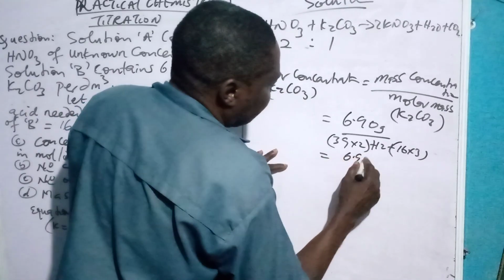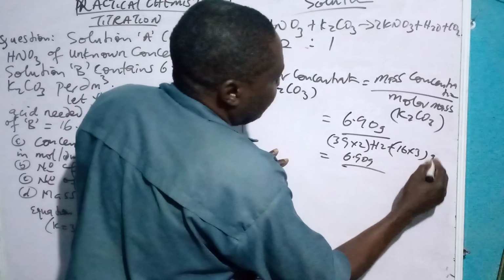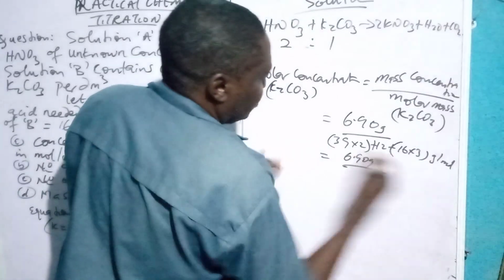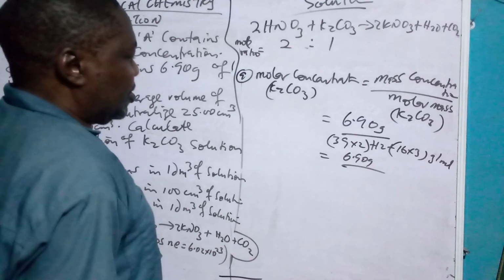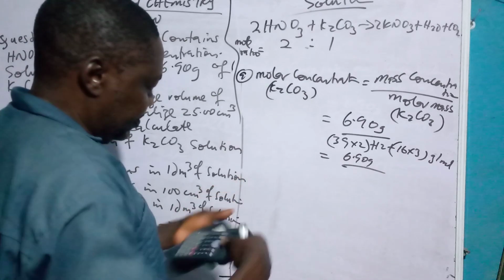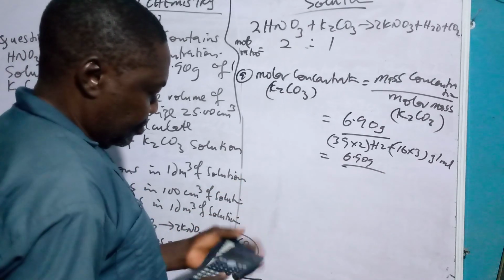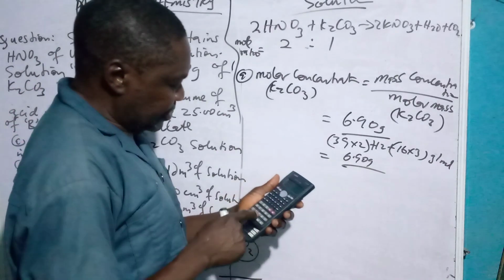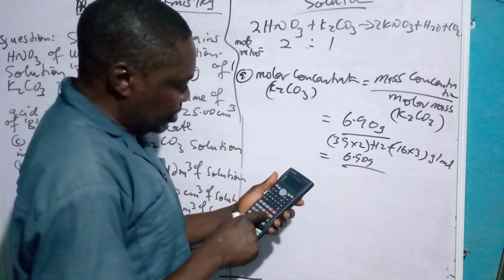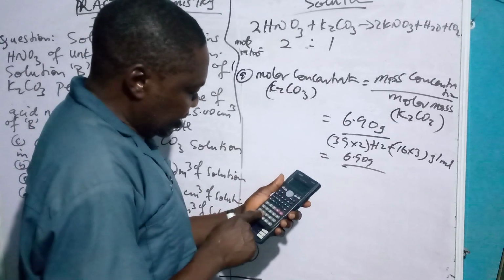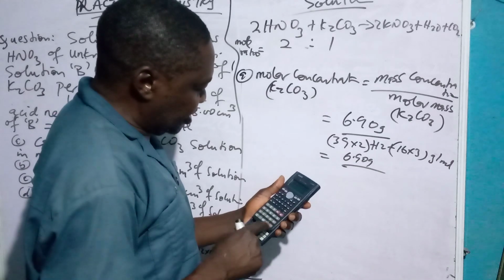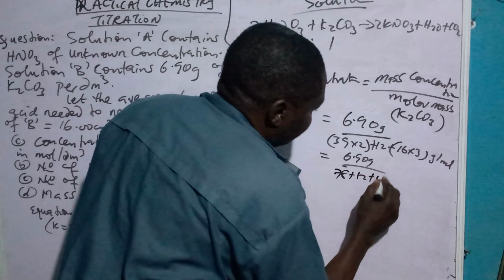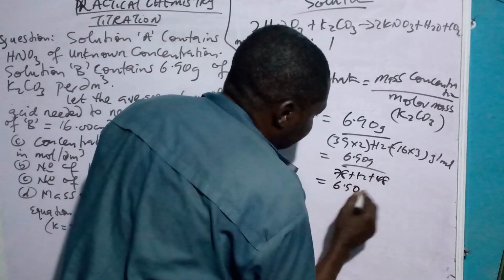This one is 6.90 gram over, remember, gram per mole. So let's carry out this calculation and see. Before we do that, let's do the one at the bottom. 39 times 2 gives 78. 78 plus 12 plus 48 gives 138.